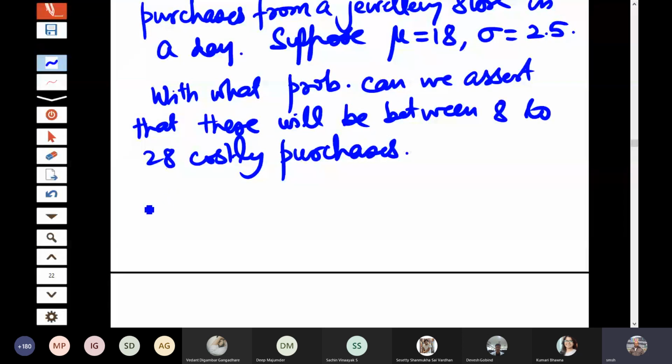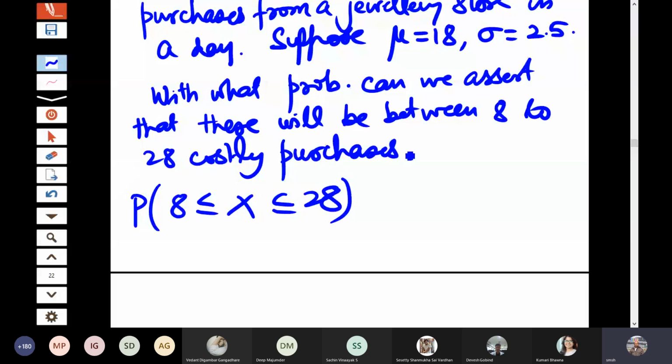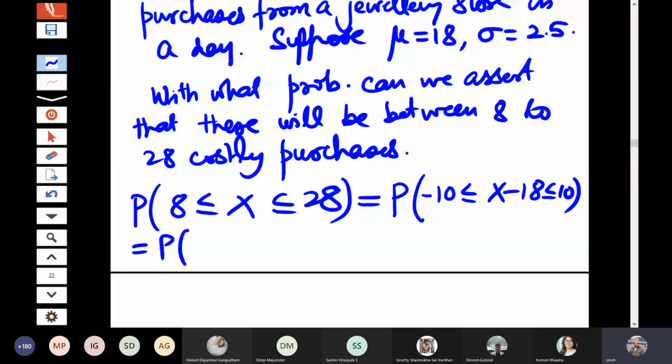So that means we are saying 8 less than or equal to x less than or equal to 28. I have taken a symmetric interval around the mean, that is 18. So that is nothing but minus 10 less than or equal to x minus 18 less than or equal to 10. That is probability of mod x minus 18 less than or equal to 10.